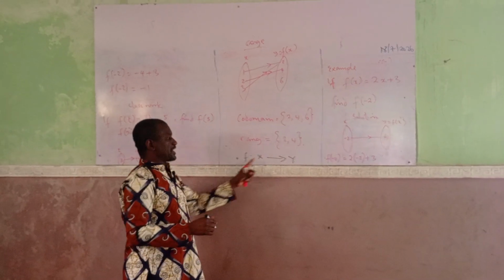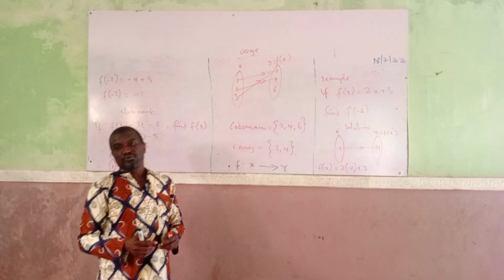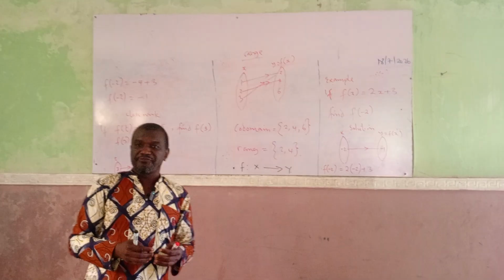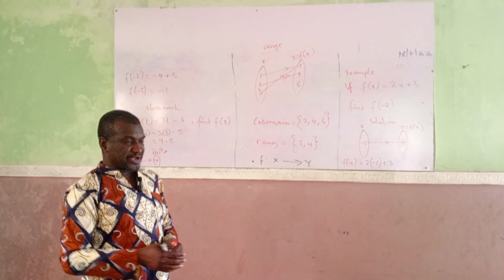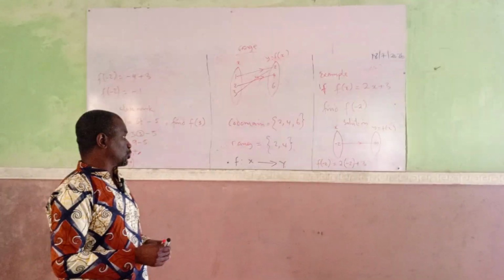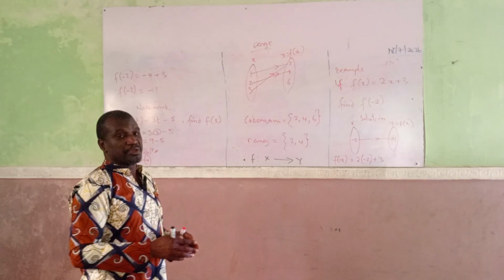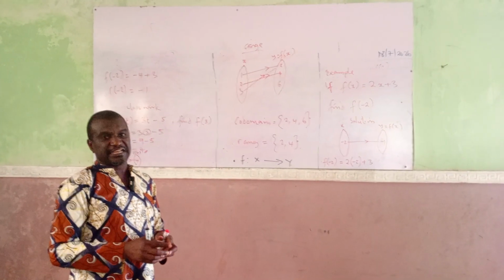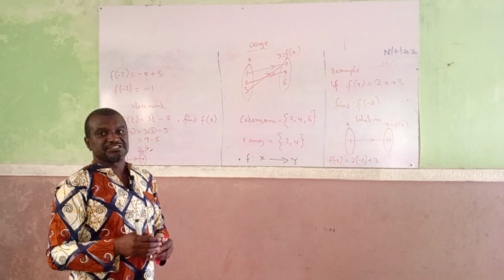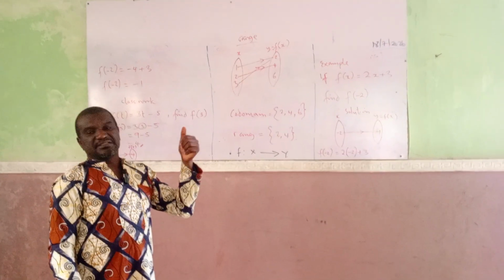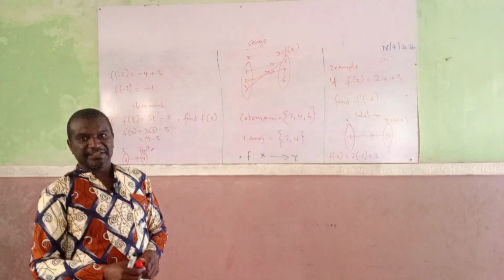This is also a function where x is our domain and y is our codomain. We also looked at some examples of a given function where a domain is given and you are asked to find the element in the codomain, or the image of the domain. And finally, we looked at what we mean by range. Take note, we say the range is a subset of the codomain. That means the range is those elements in the codomain that have a preimage in the domain. Thank you and do have a nice day.